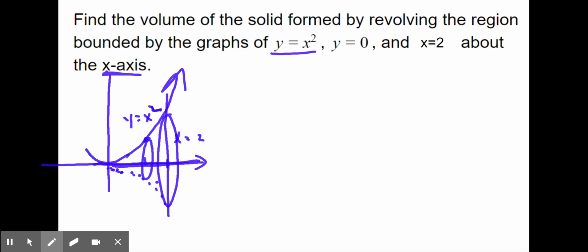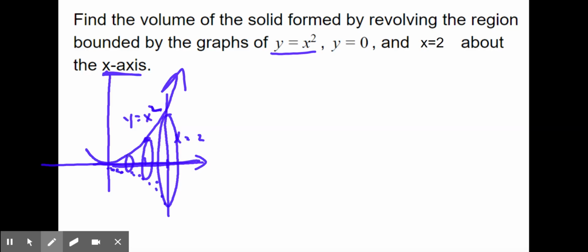What we create in this case is kind of like a cone on its side, maybe a Hershey kiss on its side. I'm trying to sketch this in such a way that you can see that it's a three-dimensional figure. Our goal is to find the volume of this, okay?